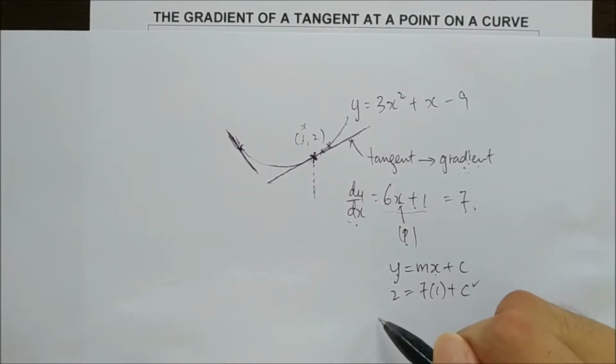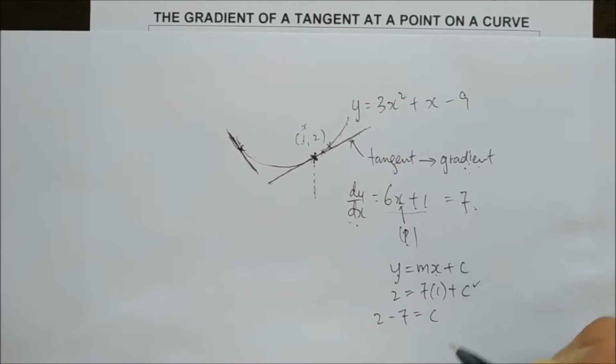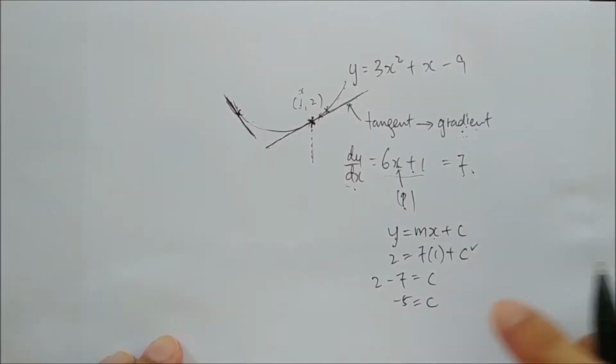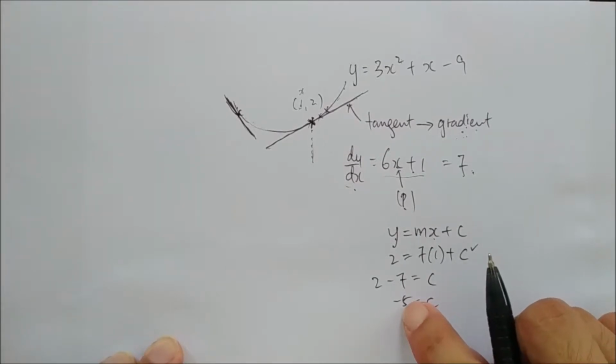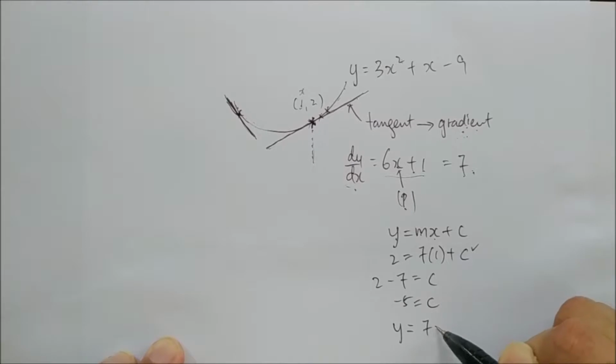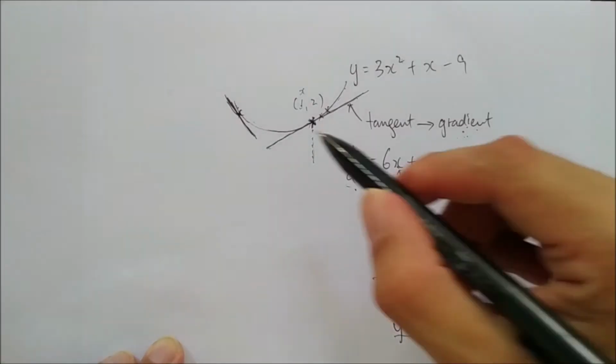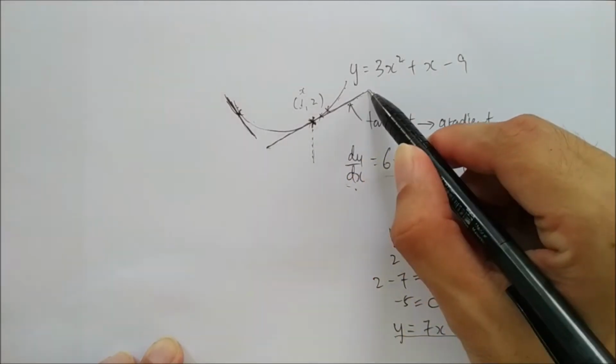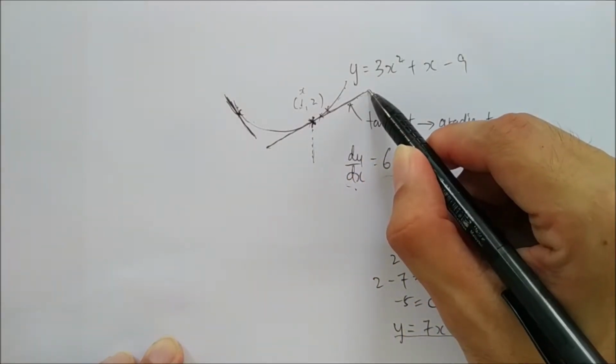So c is equal to 2 minus 7, so c equals negative 5. We substitute the values into the equation again. We get y equals 7x minus 5. Then this equation will be the equation for this line, which is the tangent.